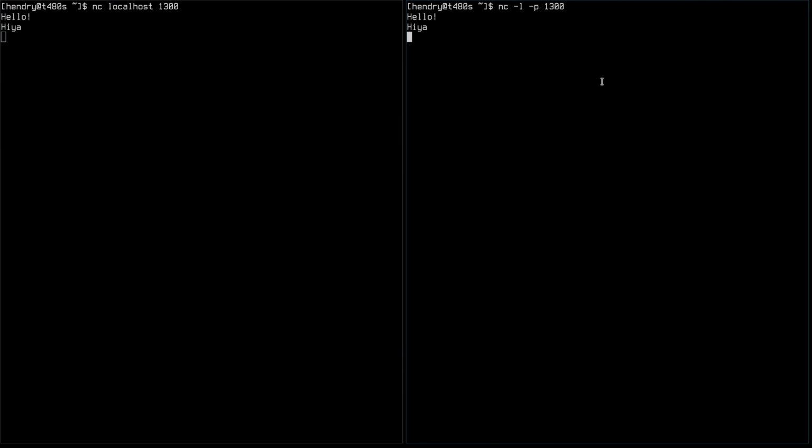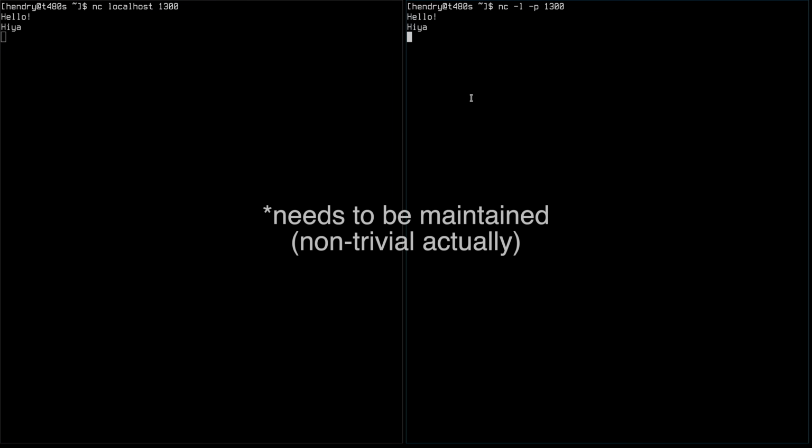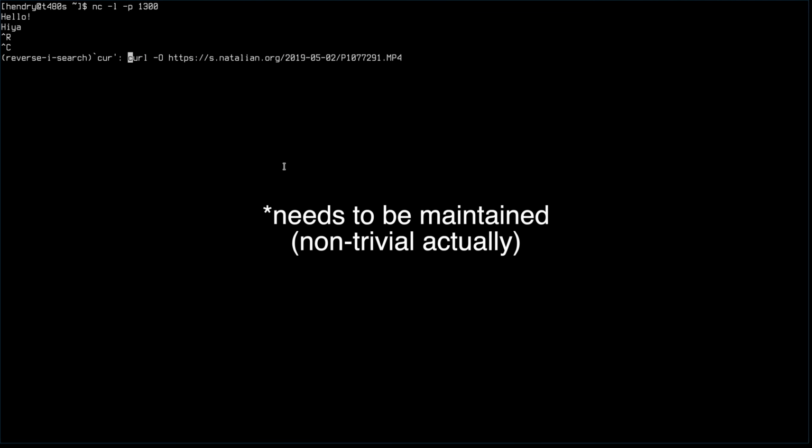So at a fundamental level, IRC is extremely simple. However, it's probably worth noting that between the two, a TCP socket connection is maintained. It's not like HTTP at all, really. IRC has a protocol of its own.